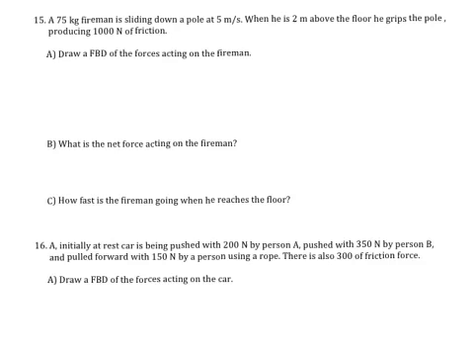Okay, on the last page here. I'm going to draw a free body diagram for a fireman. Here he is. He is a 75 kilogram firefighter, so he's pulled down with force mg. M is 75, g is 10, so it's 750 newtons.